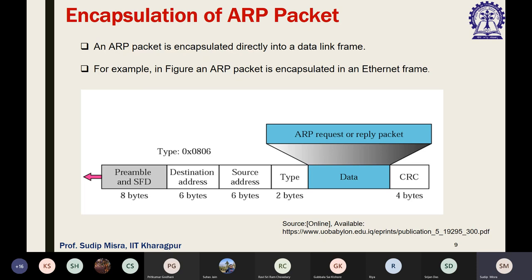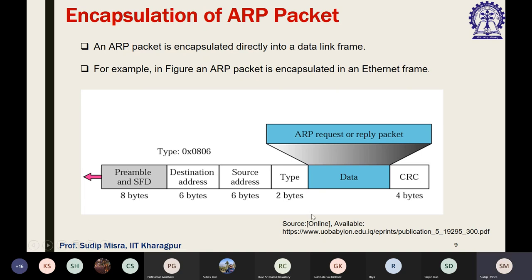So the ARP protocol is a network layer protocol. The packet that is sent out, whether request or response, is passed to the link layer. The link layer is going to encapsulate that ARP packet, and now it is going to follow the link layer protocols as usual.